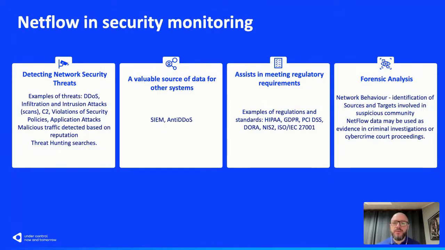Of course, we can be a valuable source of data for other systems like SIEM systems. We can provide information not about the whole traffic, but about the specific incident to the SIEM system and make the analysis much faster.